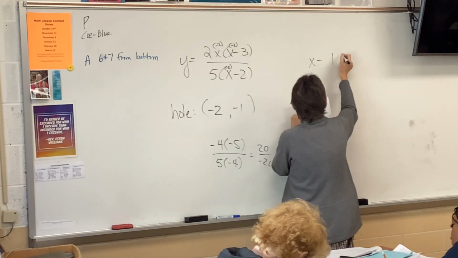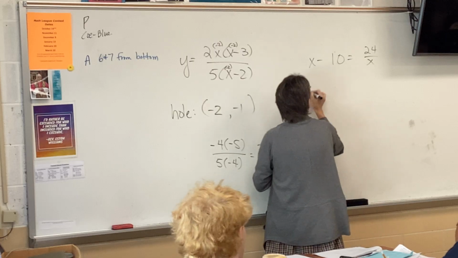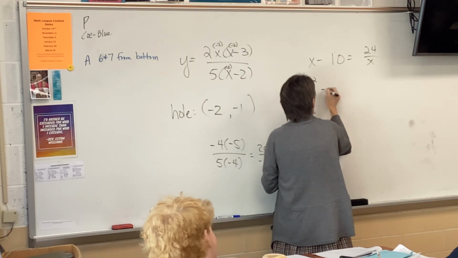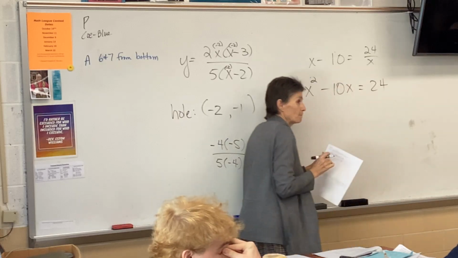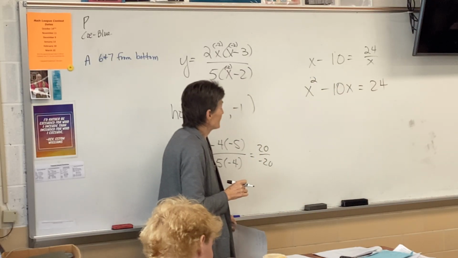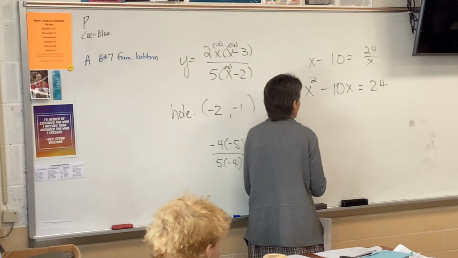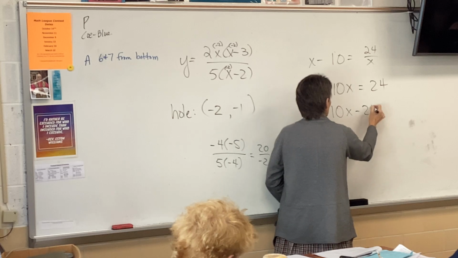What are you gonna do here? Multiply by x, so we'll have x squared minus 10x equals 24. And then what? Move the 24, and it's okay, right there on the end.